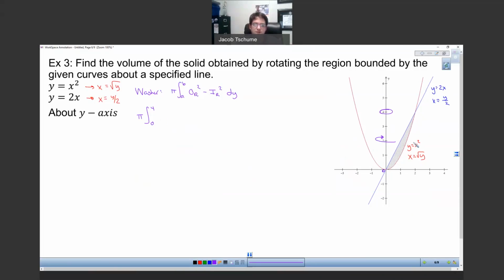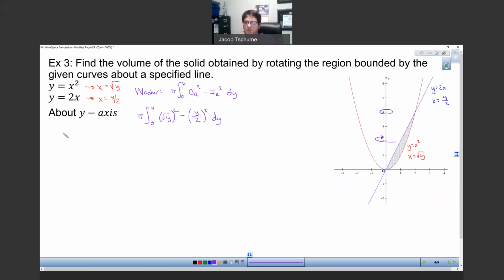The furthest function is this red line, so I have to use the square root of y as my outer radius function, and I'm going to square that. Minus the blue line, which is the closer function. That would be my inner radius, so I would use y over 2, and you would square that. And that is your setup.